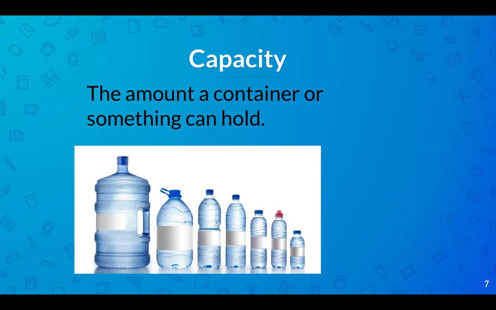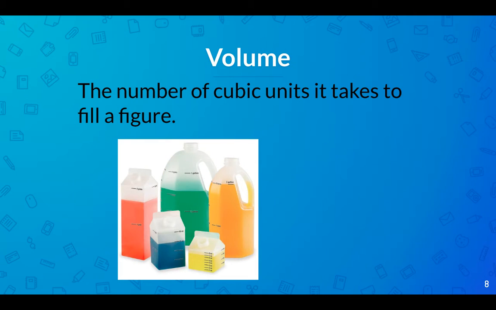It's how much that container can hold. Where volume is the number of cubic units it takes to fill a figure. Like they said in the video we watched, capacity is how much an object can hold. That is not going to change. My gallon milk jug will always hold a gallon.